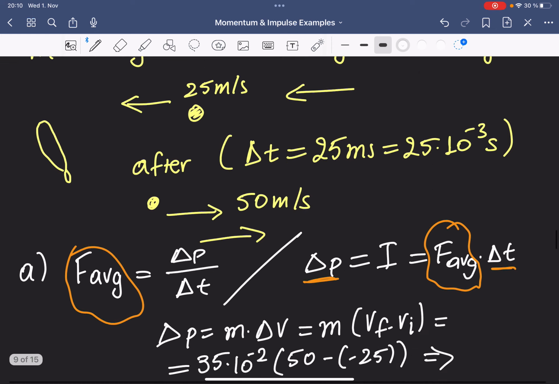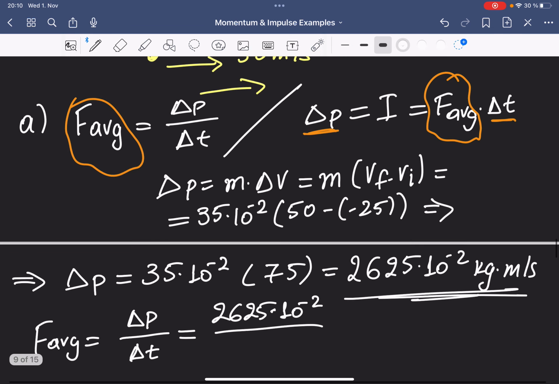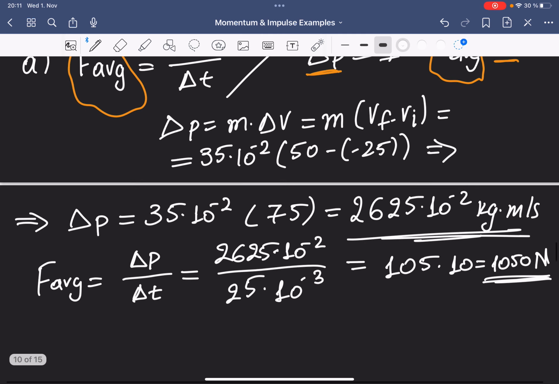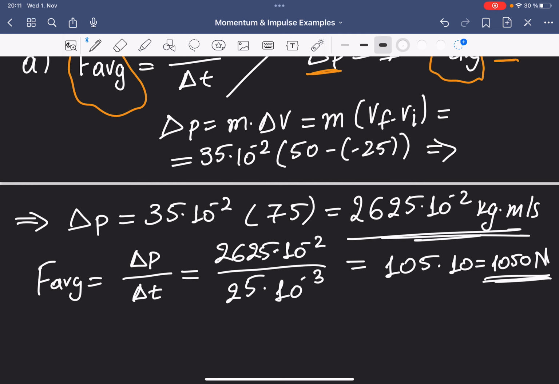The change in time, we said it's 25 times 10 to the minus 3, and this one should give a number of 105 times 10, so this is 1050 newtons if my calculations are correct. You can double check and let me know in the comments if that's the right answer.